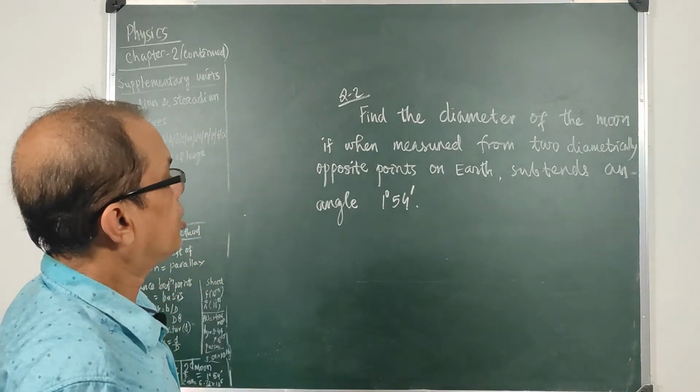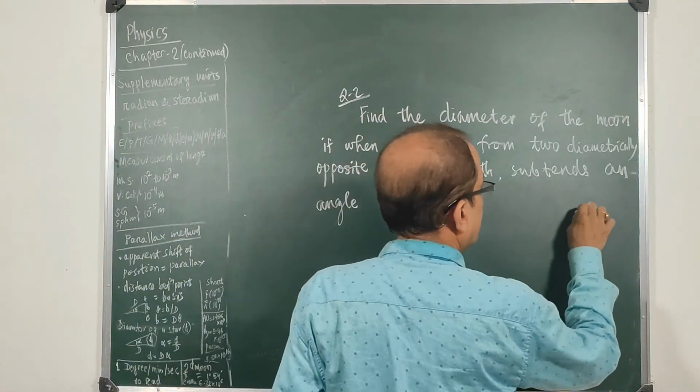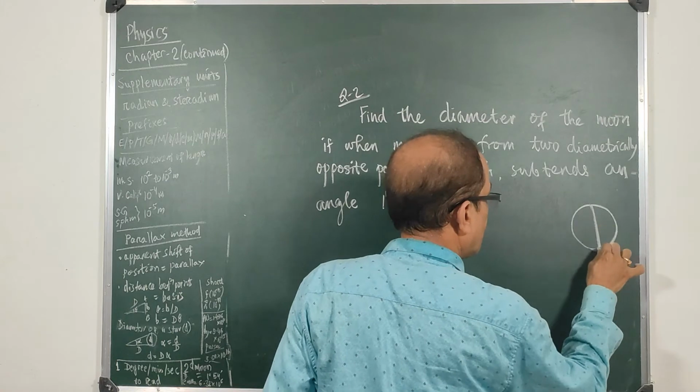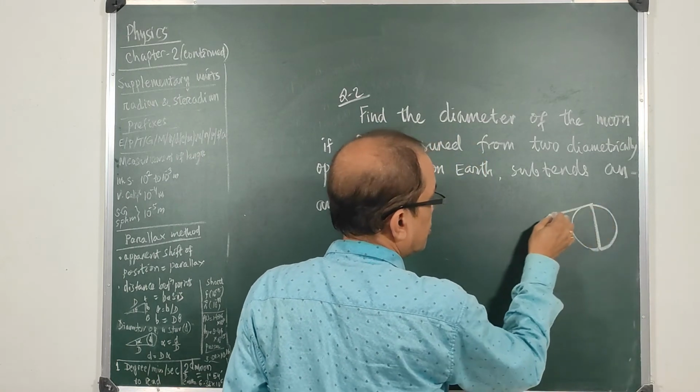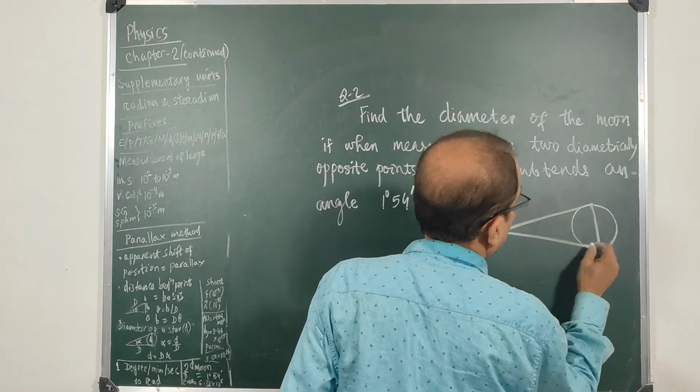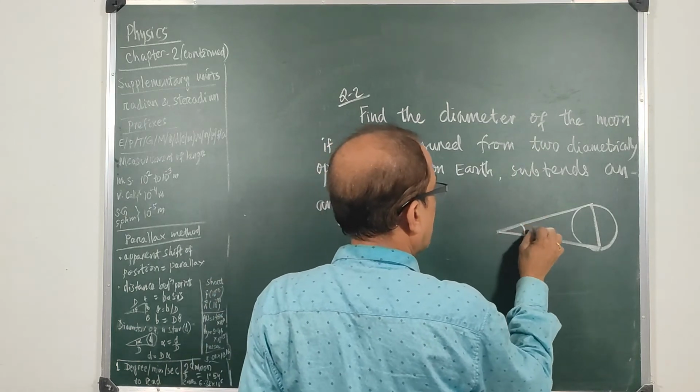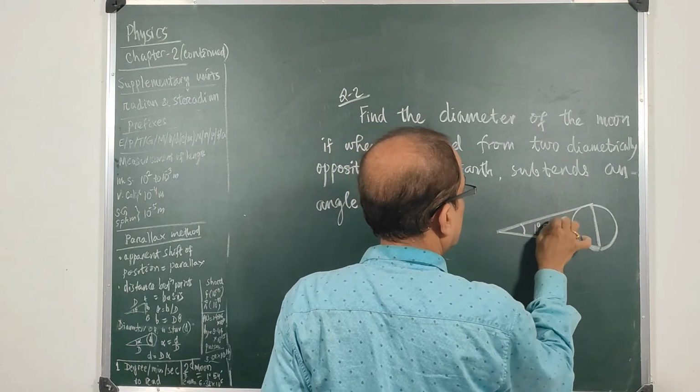So what will be the diameter of the moon? Clearly the moon's diameter we do not know, and this angle is 1 degree 54 minutes.